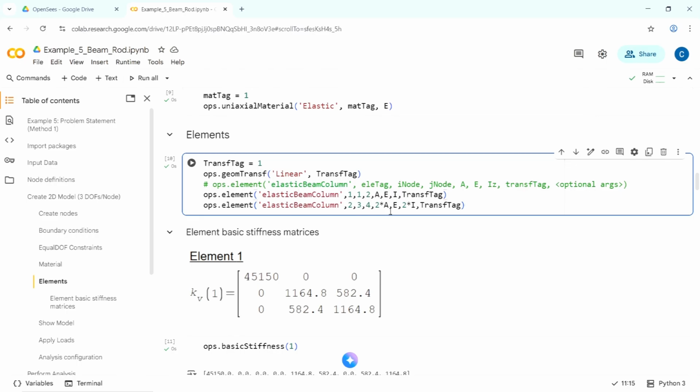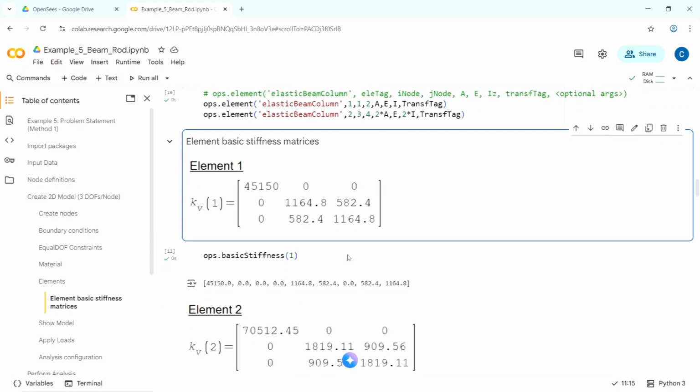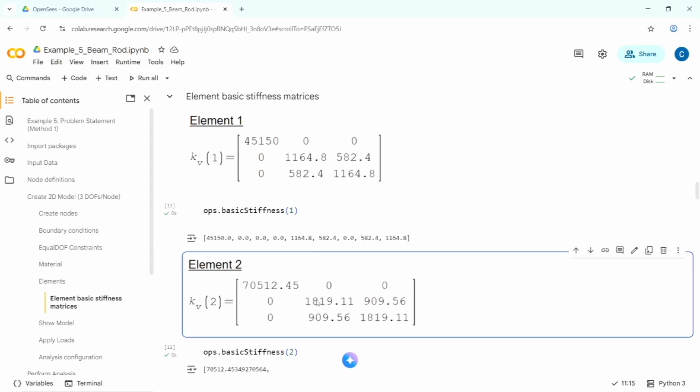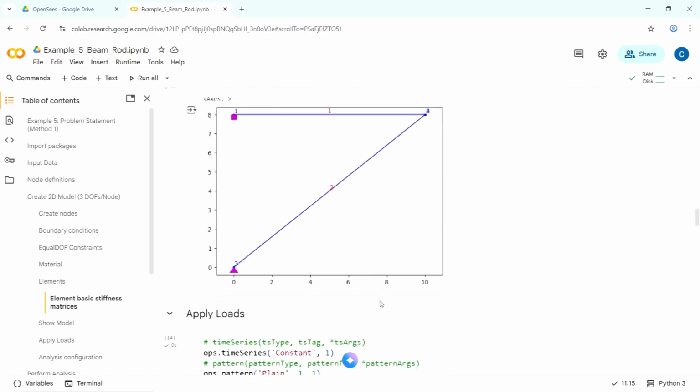Remember, when we are doing elastic beam column, we have to give I, although it is a truss member, because you are modeling it as an elastic beam column. Does it affect? No, it does not. The basic stiffness matrix is the same as before, you can compare and you get the same answer. So, this is the model.